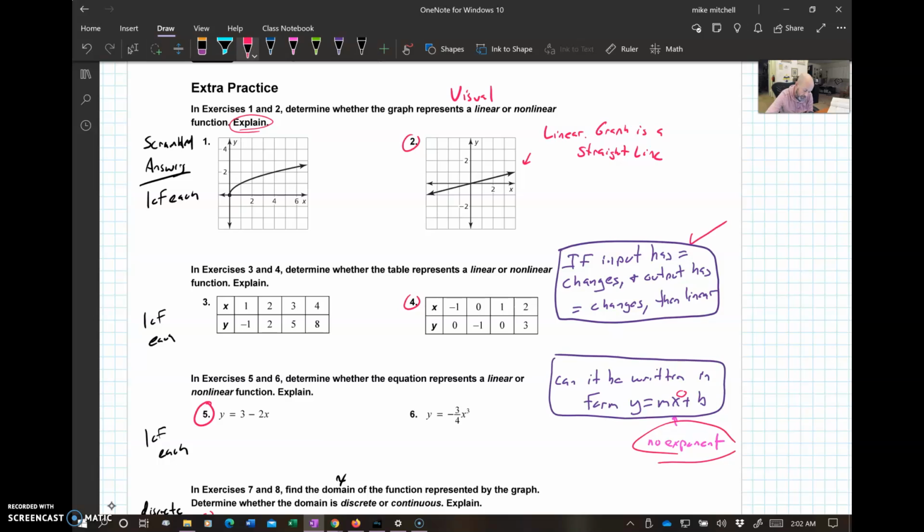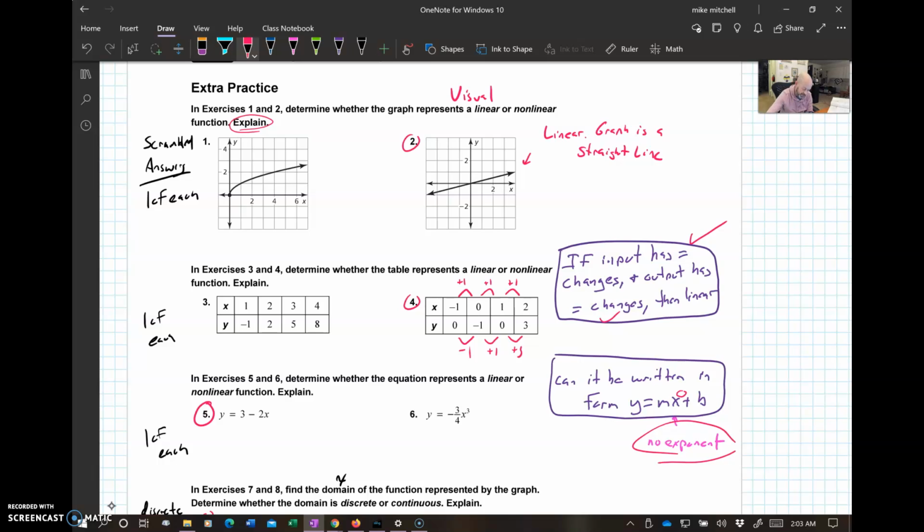Now for this one over here, if the input has equal changes and the output has equal changes, then the function is linear. So we're going to look at number 4. I look at this. I've got a change of goes up 1, goes up 1, goes up 1. So all those inputs have equal changes. My outputs, I went down 1, I went up 1, I went up 3. They're not equal.